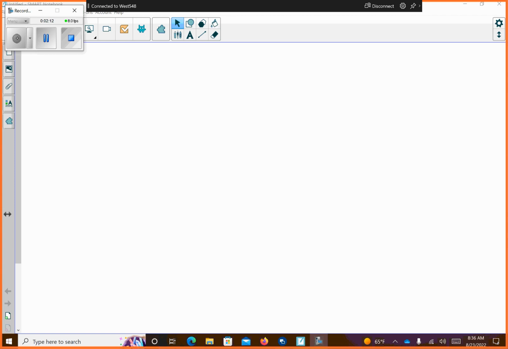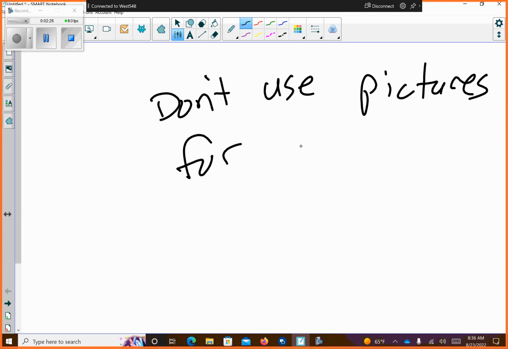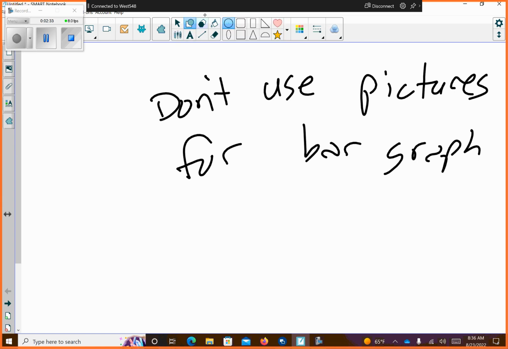Would make more sense. So I guess we should put don't use pictures for bar graph. So the easy ones to say not to use would be, let me see if I can find it. So, stars.